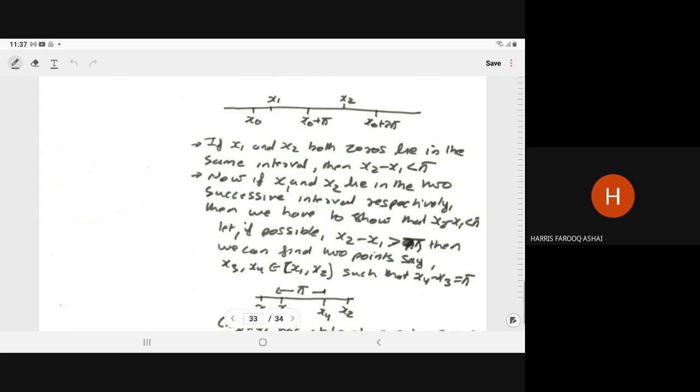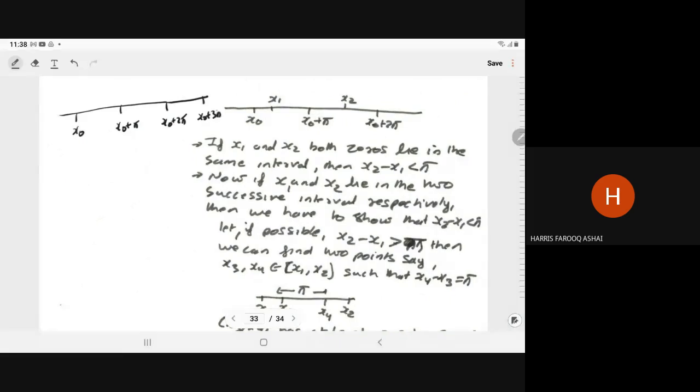If x1 and x2, both zeros, lie in the same interval, let these be the zeros of cos x or sin x. We know that for cos x and sin x, zeros are pi distance away.